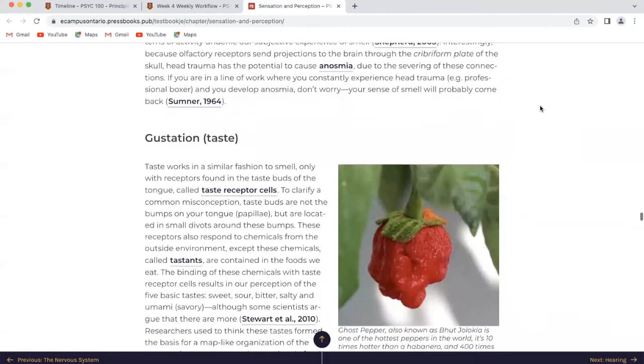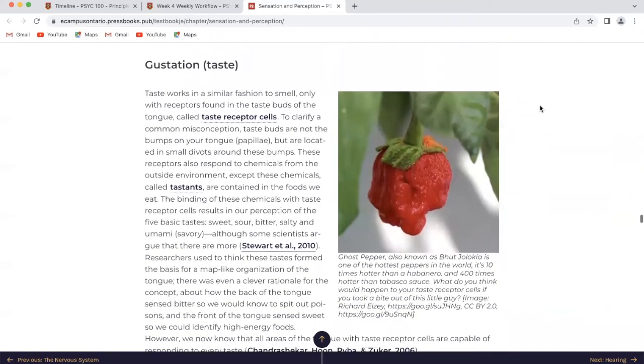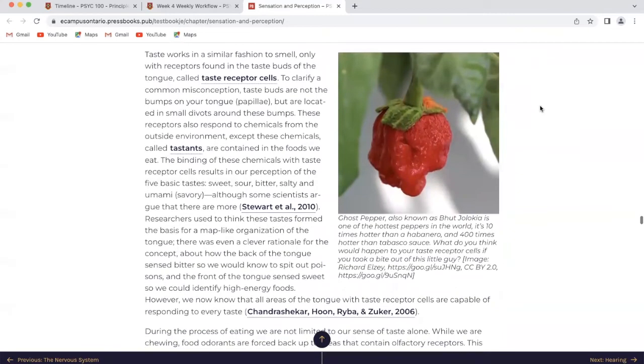Gustation, taste. Taste works in a similar fashion to smell, only with receptors found in the taste buds of the tongue called taste receptor cells. To clarify a common misconception, taste buds are not the bumps on your tongue, but are located in small divots around these bumps.